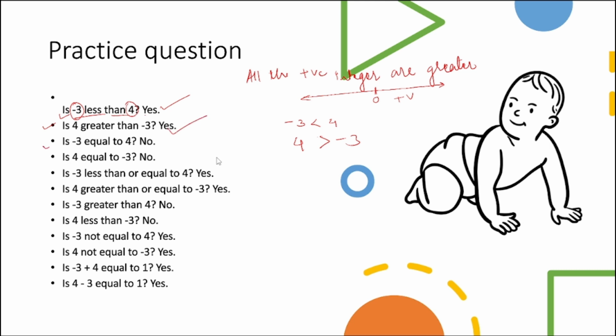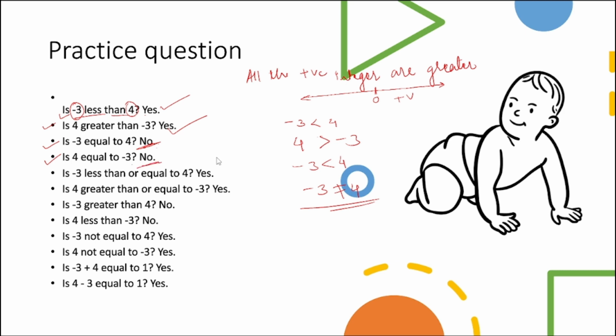Now move to the third question. Is -3 equal to 4? No, because -3 is less than 4, so -3 cannot be equal to 4. Okay guys, next question: is 4 equal to minus 3?